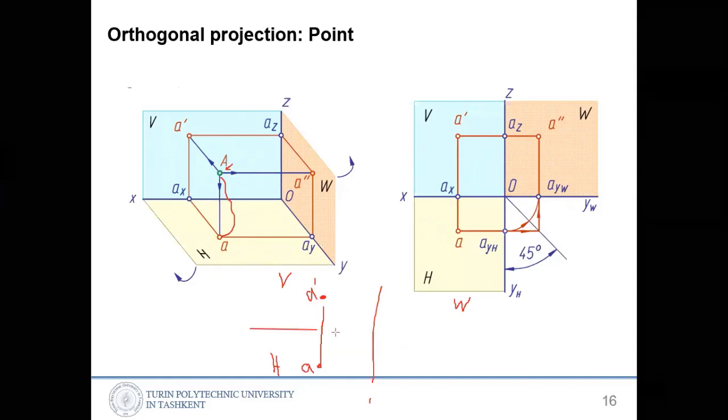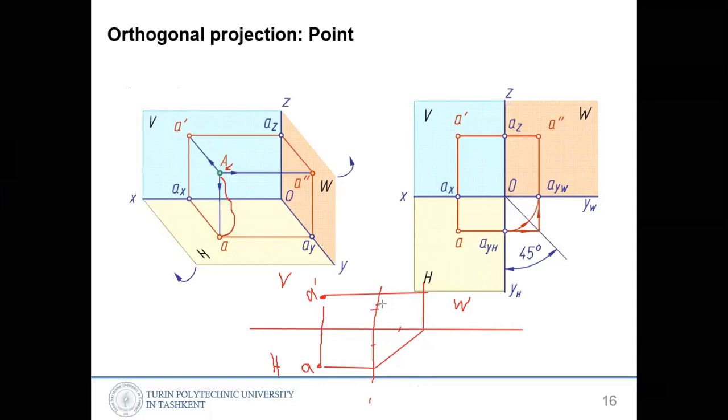Let's make a straight line. We measure this distance and make the same distance. You can make a 45-degree angle, or you can use a compass, to make the same size. Then make a straight line again, and you can use this label a.